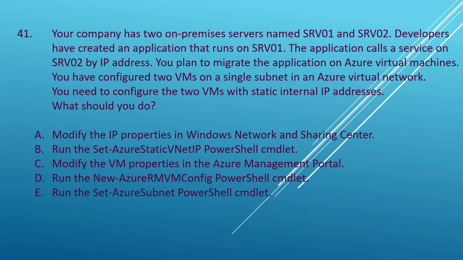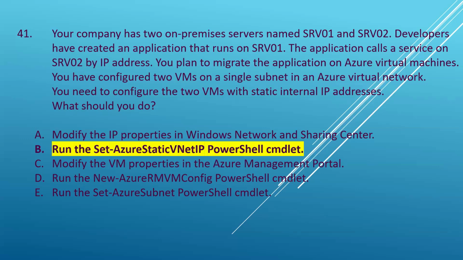There is a lot of data in the question, so the key thing is to summarize it and not get confused with distractors. If I sum up this question, you basically need to configure static internal IP addresses of Azure virtual machines. And the correct way to do that is using the Set-AzureStaticVNetIP cmdlet, which is option B in our case.